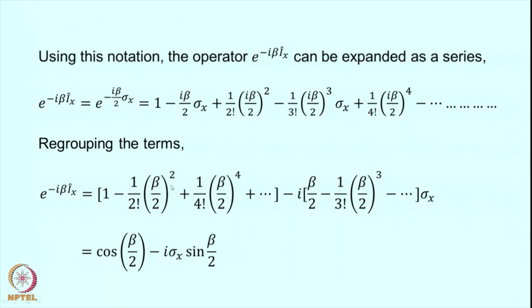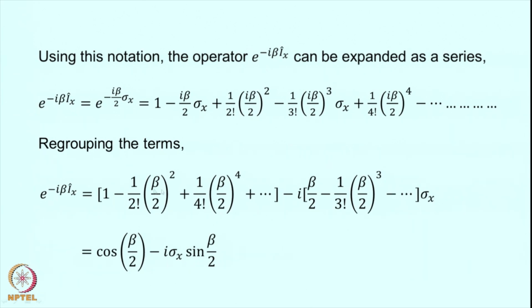Notice the unit matrix is present here, and 1 by 4 factorial beta by 2 to the power 4, again unit matrix is present here, and likewise, and this bracket closes here. The other terms are minus i, beta by 2 minus 1 by 3 factorial beta by 2 to the power 3, and all of these then have multiplication with sigma x.